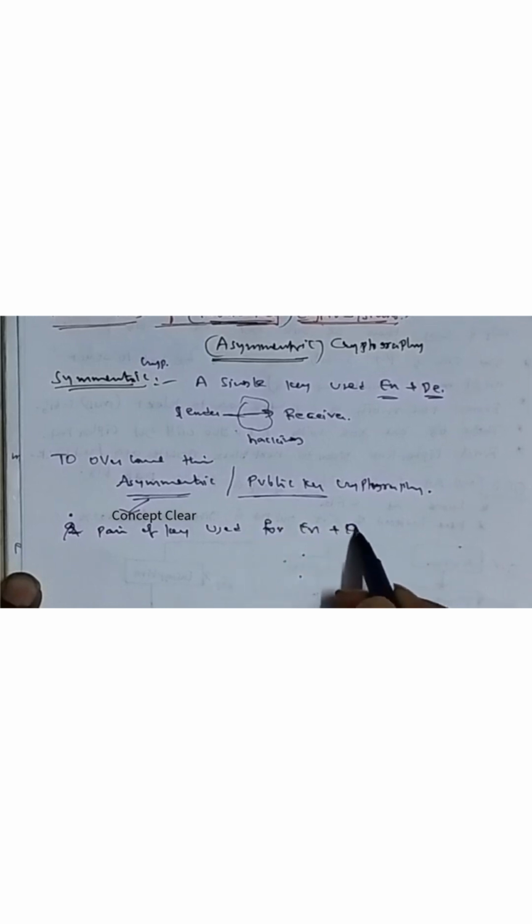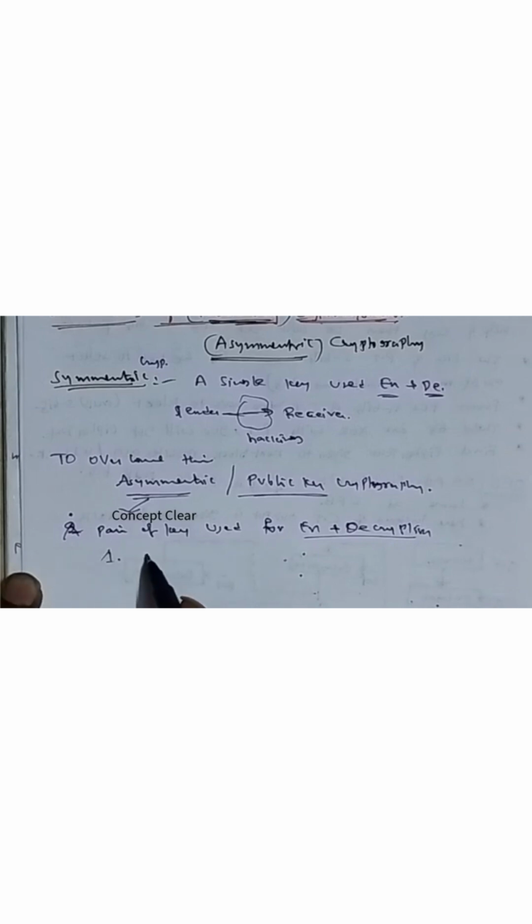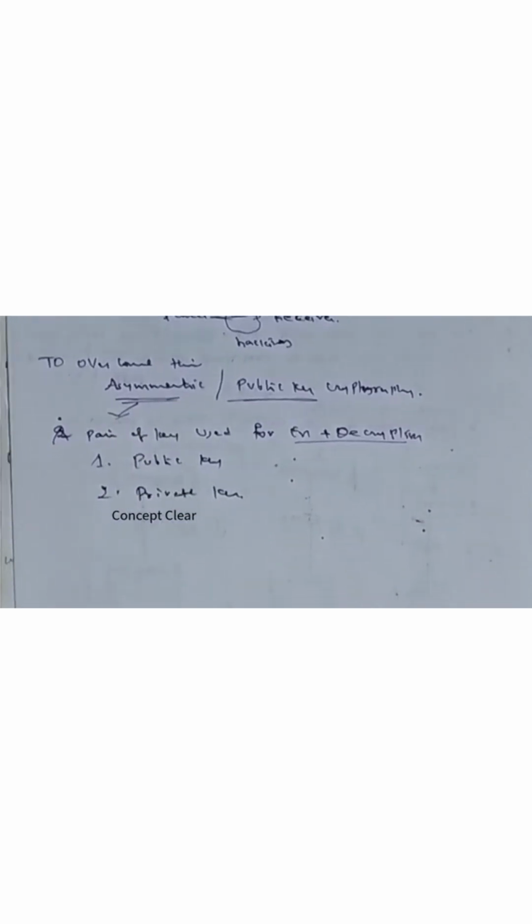In this, a pair of keys is used for encryption and decryption. The pair of keys contains two keys: the first one is the public key, and the second one is the private key.